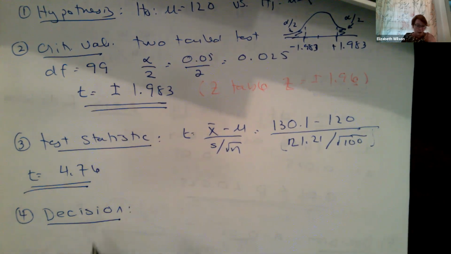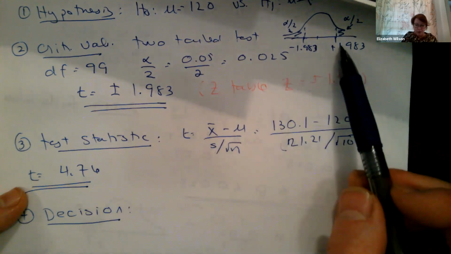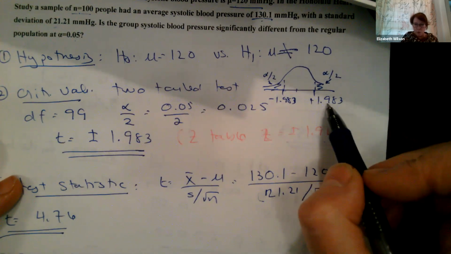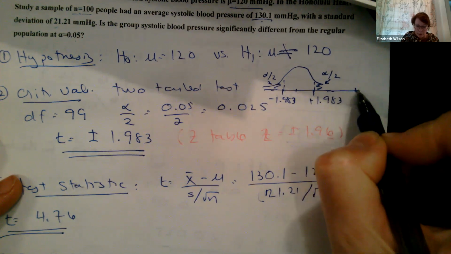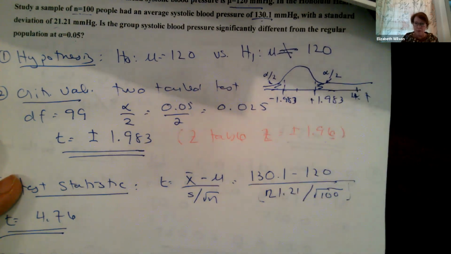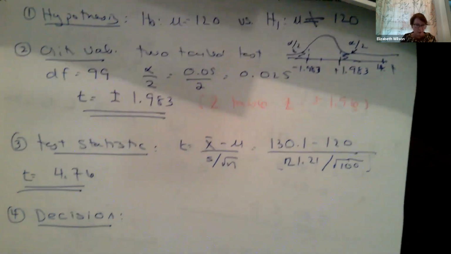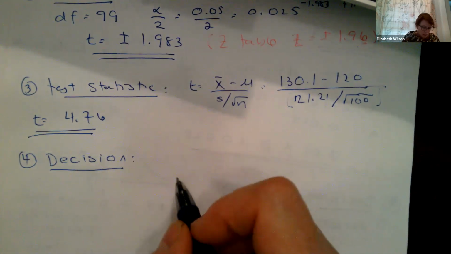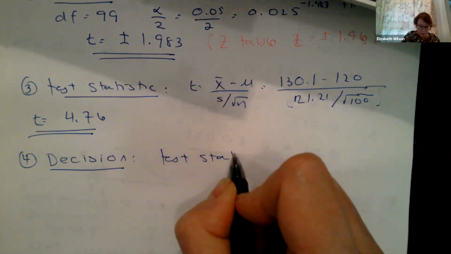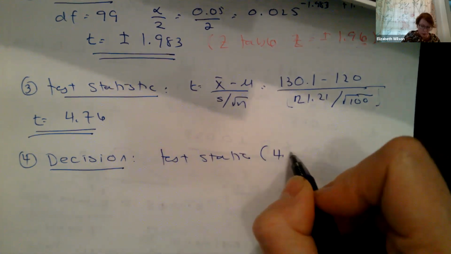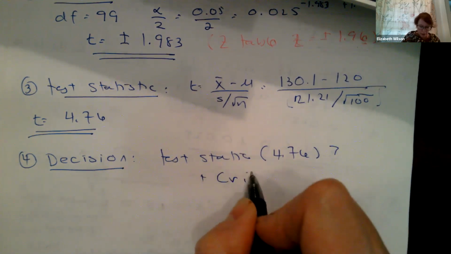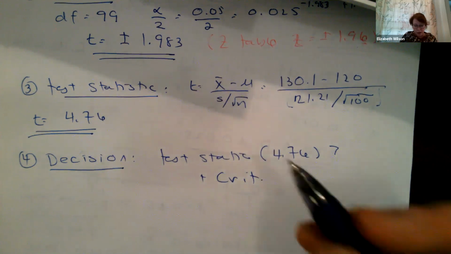Okay, so our decision. We're going to compare our t-statistic to the positive end. If my critical value region gets defined as 1.983, my t-statistic was 4.76, so I'm way out here, definitely way off into that tail of my critical region. So my decision is based on my test statistic, which was 4.76, is much greater than my positive critical value, which was positive 1.983. I say positive critical value because this is a two-tailed test.